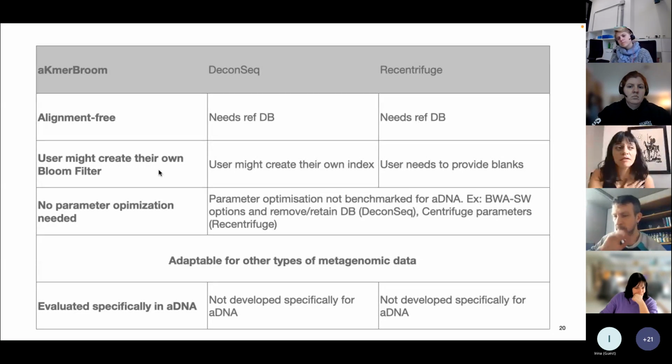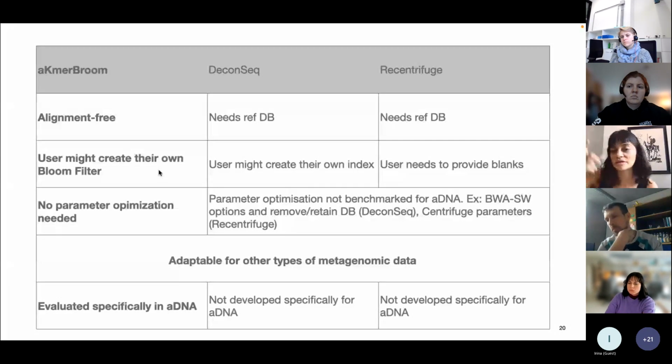This can be done. In decOM-SIC, the user might create their own index, and in Recentrifuge, the user needs to provide their own blanks. There's no parameter optimization needed in akmerBroom. We have done it already, which is basically 3 parameters that we can discuss further if you want.